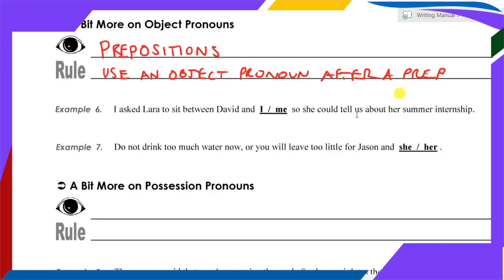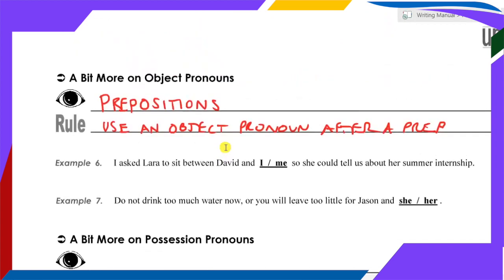Now, you might be wondering why we are repeating this, because we just told you a page or two ago that we use the object pronoun when we have a pronoun that is an object of a preposition. So yes, this is slightly redundant. It's just to re-emphasize the fact that when you see a preposition and you see a pronoun after that preposition, the pronoun is the object of the preposition, and therefore we need an object pronoun.